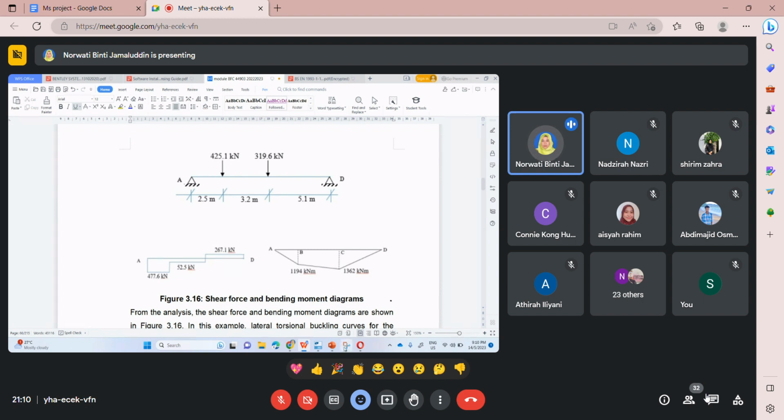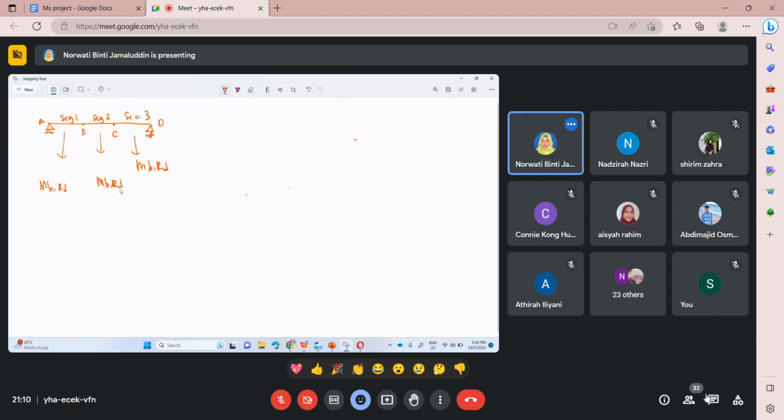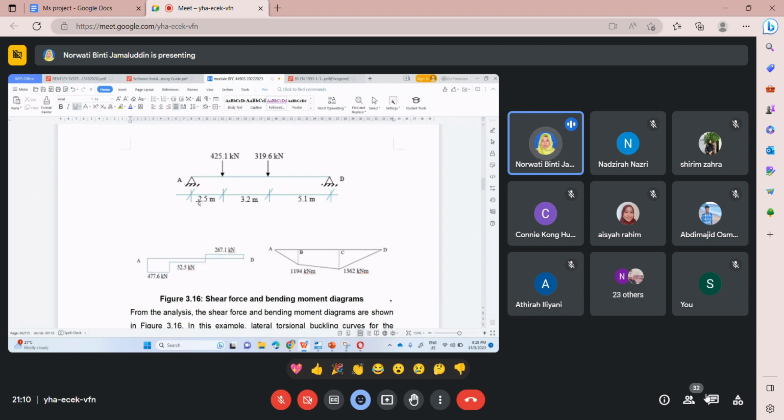So my judgment is segment A, B only has 2.5 meter distance compared to 3.2 compared to 5.1. I bet 5.1 will have smaller MBRD, which is smaller resistance, means that is the resistance that governs the design, right?